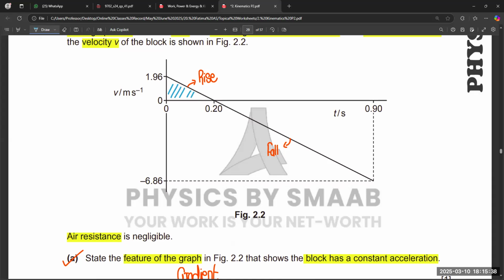this right angle triangle, and this is the second right angle triangle. In the first right angle triangle, the height is 1.96 and the base is 0.20.